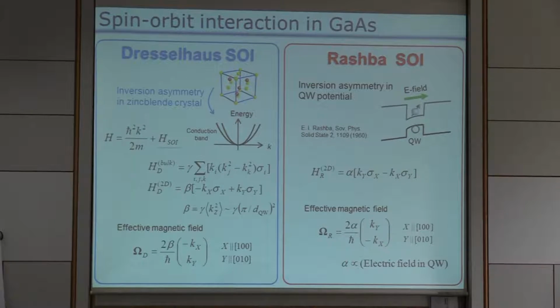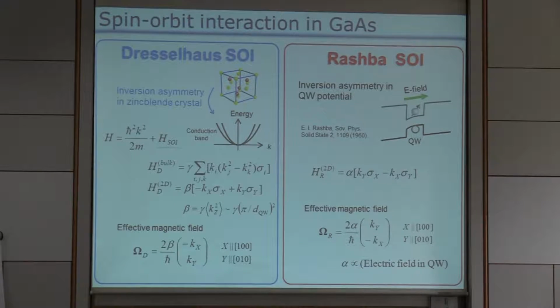It is also known that there is another type of spin-orbit interaction called Rashba spin-orbit interaction. In this spin-orbit interaction, inversion asymmetry is induced by an externally applied electric field. The Hamiltonian can be written in the same form as the Dresselhaus spin-orbit interaction, except for the coefficient alpha, which is proportional to the electric field, and the components and the sign of the momentum vectors are slightly different.